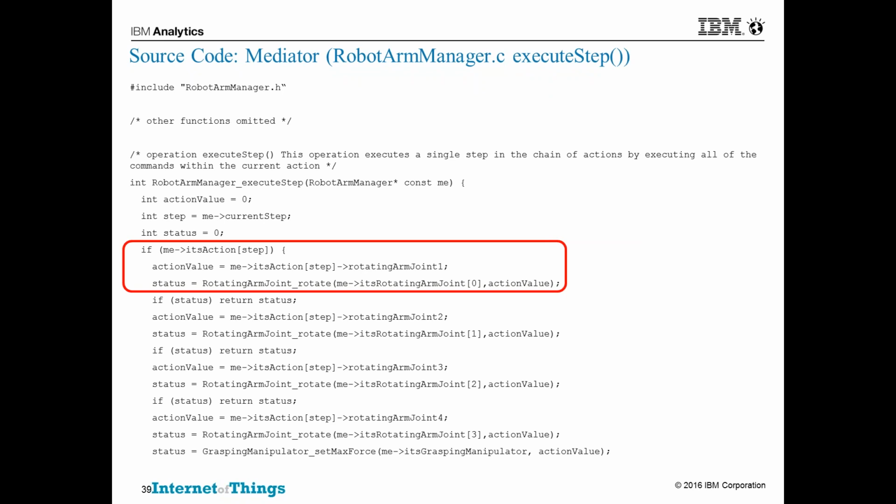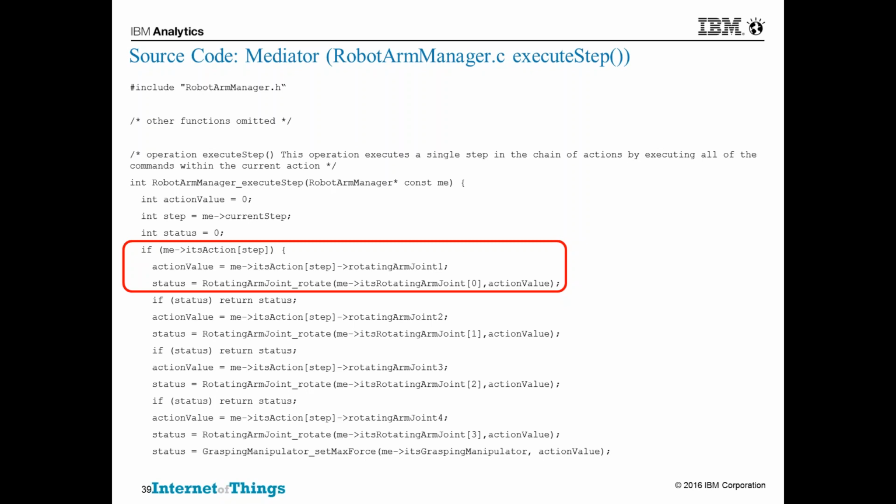And then when we look at the execute step operation, we, for example, will take the action of the current step, we get the action value, we tell, in this case, the robot arm joint 1 to move to that position, we get the status back to make sure we're able to achieve that. So the idea is that robot arm joint may return a problem. I wasn't able to achieve it, I'm broken, I've lost electrical power to my motor, I've lost hydraulic force, whatever the case may be, it will return an error status.